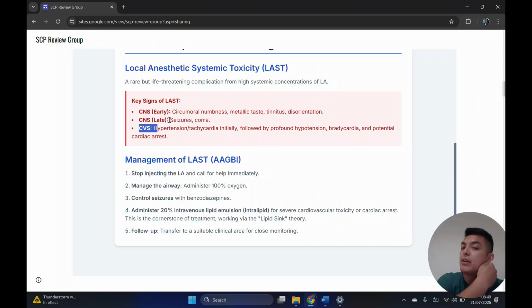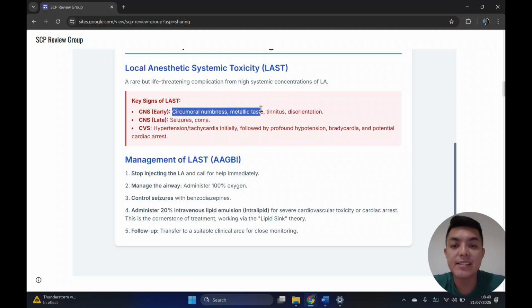Early CNS signs are circumoral numbness, metallic taste, tinnitus, or the ringing of the ear, and disorientation. That's one thing to watch for, especially if we're the ones injecting or giving this local anesthetic.